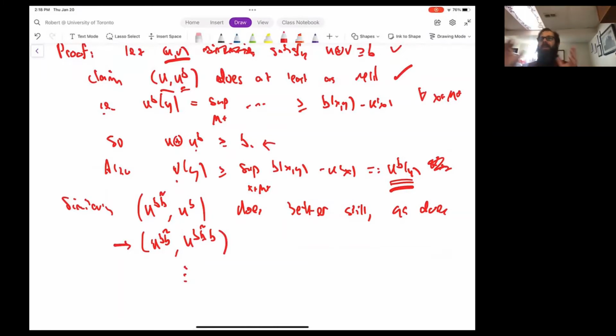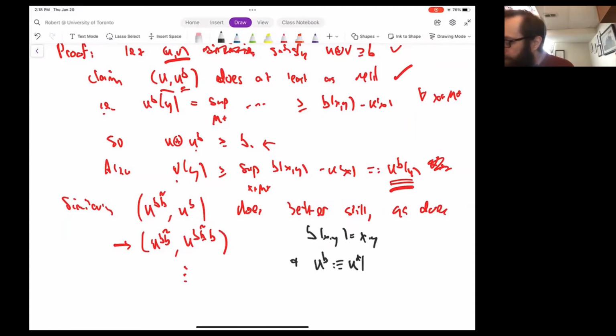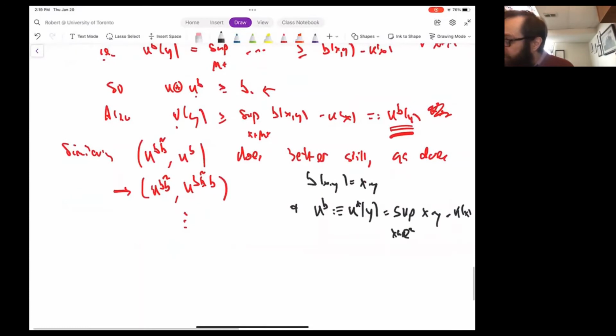And this is exactly, in the case b equals x dot y, this transform is what's called u star. And this is sometimes called the Legendre-Fenchel transform.